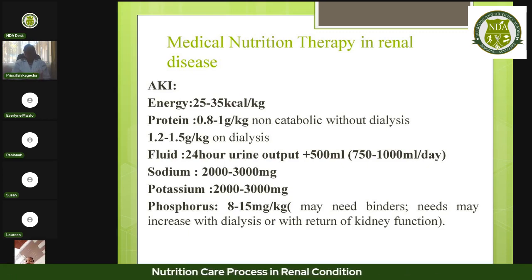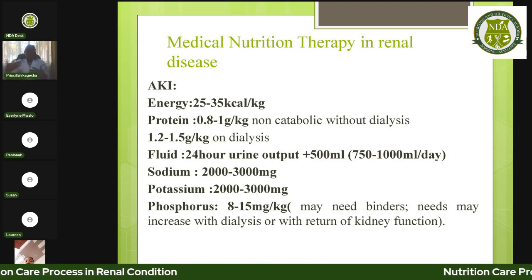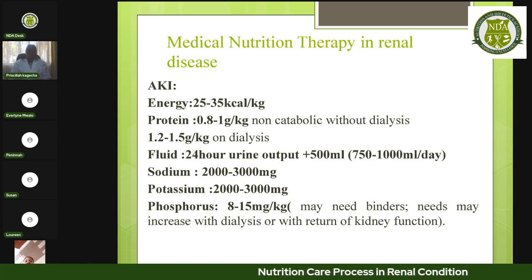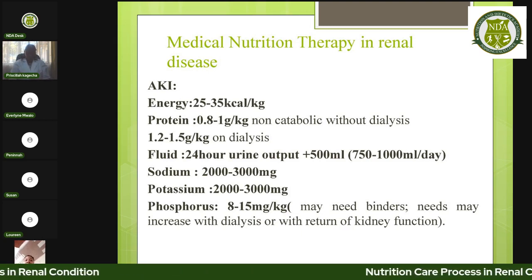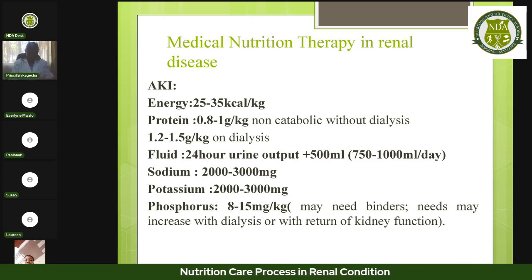A patient who has AKI and is on dialysis, you want to increase their protein, because they lose protein through the process of dialysis, so they lose quite a lot. So you want to increase their intake to about 1.2 to 1.5 grams per kilogram.